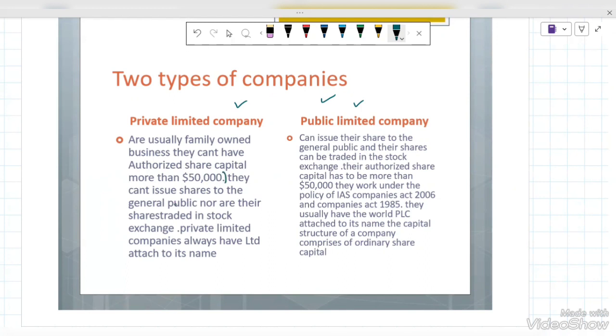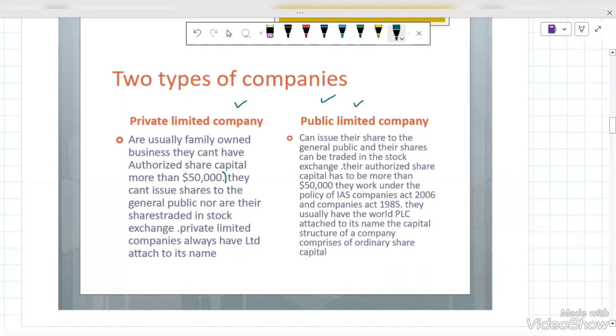They cannot raise capital of more than $50,000. This is the rule for family businesses. And they cannot issue shares to the general public, nor can their shares be traded on the stock exchange.